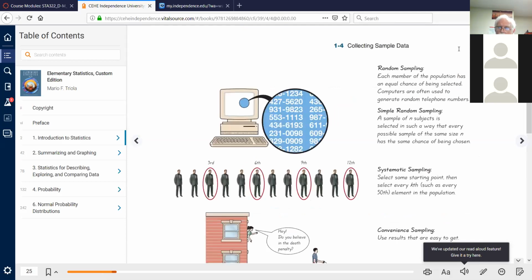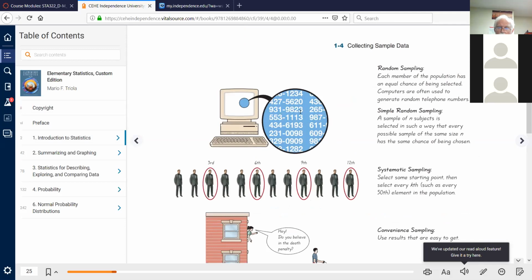So let's take a look here. With our random sampling, we can do this by picking out some number. These are telephone numbers, I believe.